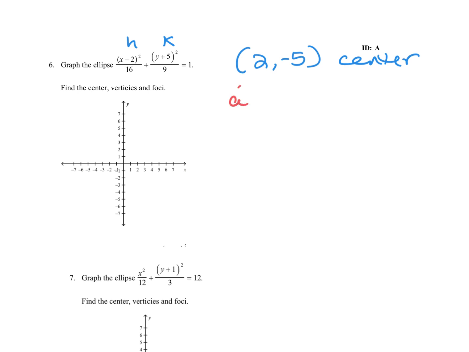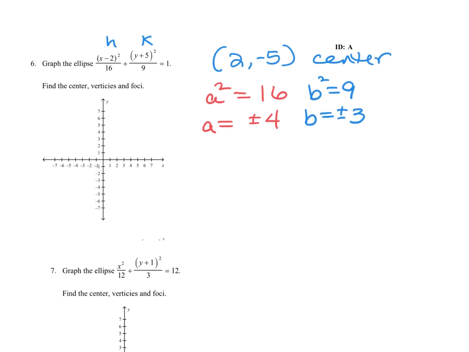A squared is always the bigger denominator. So my bigger number is 16. So now I'm going to square root it to get my a value, and it's positive and negative 4. My b value, or b squared, is the smaller of the two denominators, which is the 9. So then b is equal to positive and negative 3 after I square root it.